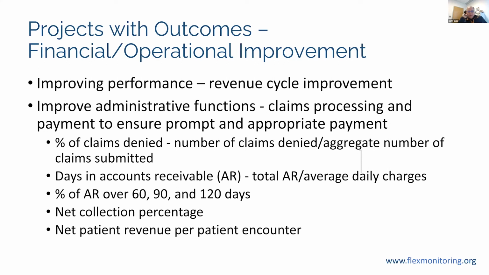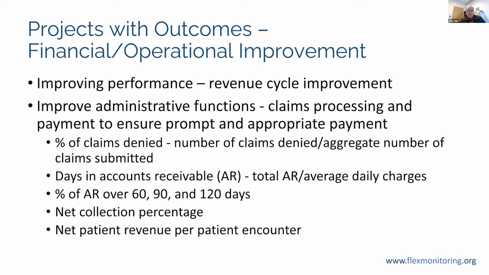And this is where you're moving into actually working with the hospitals, improving that performance. Have you improved administrative functions, claims processing, and payment to ensure prompt and appropriate denial? So they should be monitoring for themselves the number of claims denied, the days in accounts receivable, the percentage of accounts receivable over 60, 90, and 120 days.